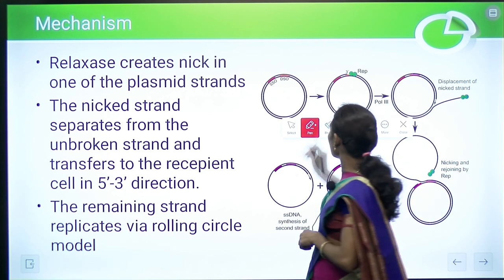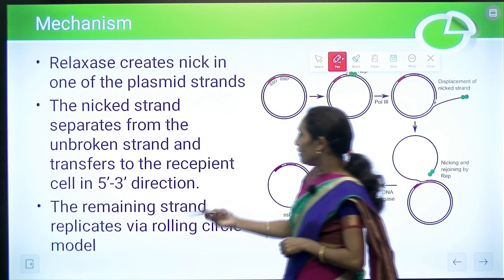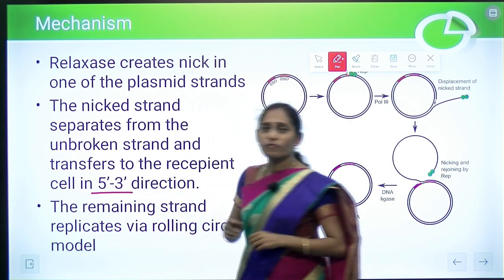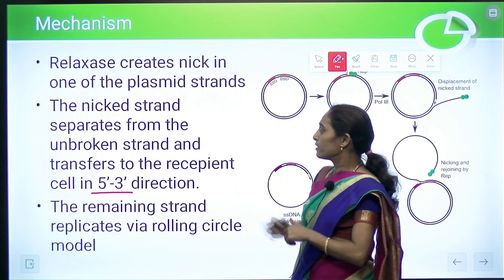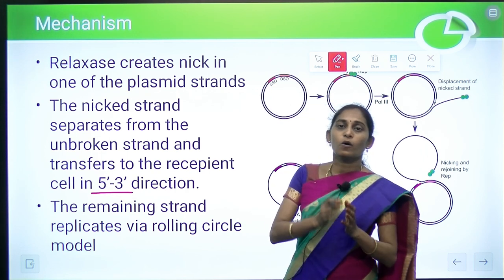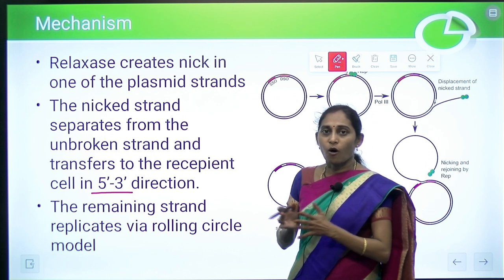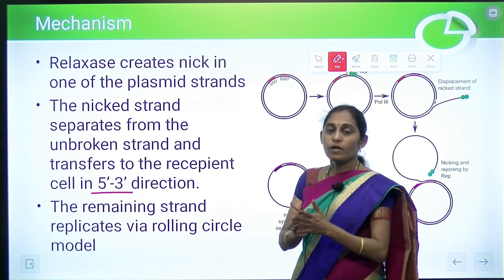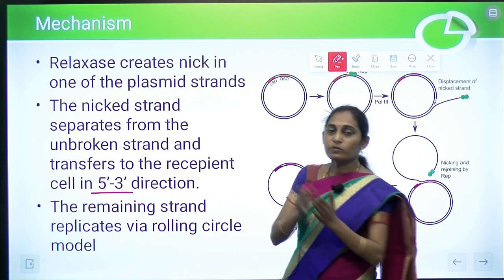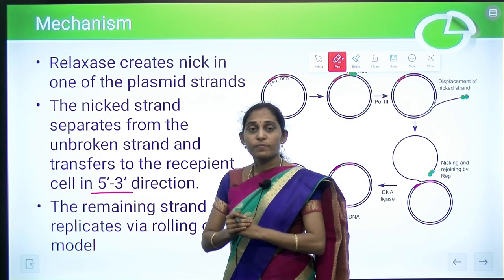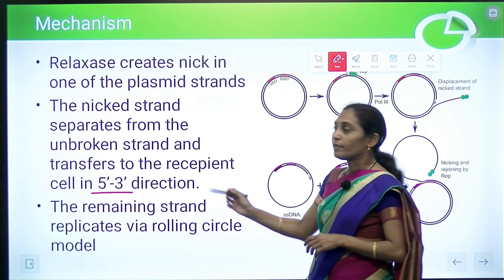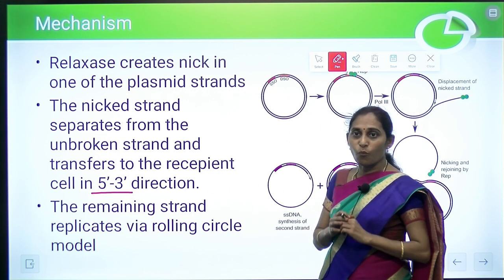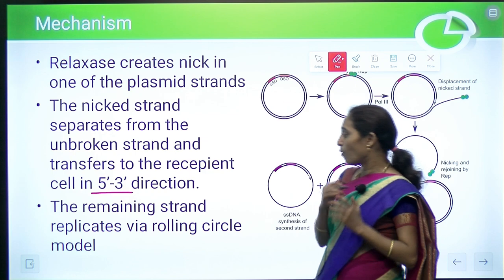We know that the direction of replication is always 5 prime to 3 prime, and here also the broken genetic material or the plasmid strand moves in 5 prime to 3 prime direction from donor cell to recipient cell, and the remaining strand replicates via rolling circle model.